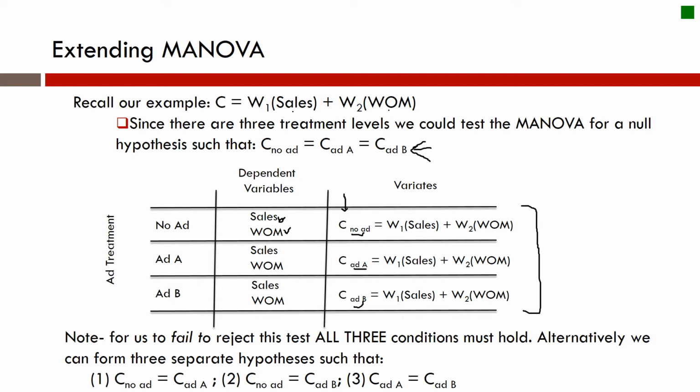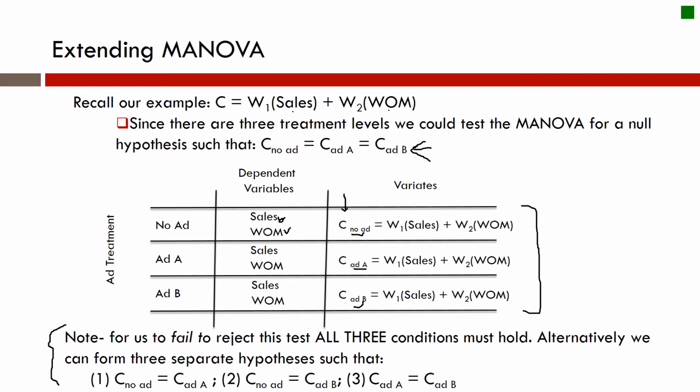So this is a little extension of ANOVA, because before we would have said it was simply the mean of one variable, the one dependent variable for each of the three treatments. Now we're saying it's the composite value of the variate that's going to be equal to all three. So for this here, this would be the test. And the basic test, again, for an ANOVA, if we do an F test, and then extending it here with a MANOVA, would be that all of these relationships exist.